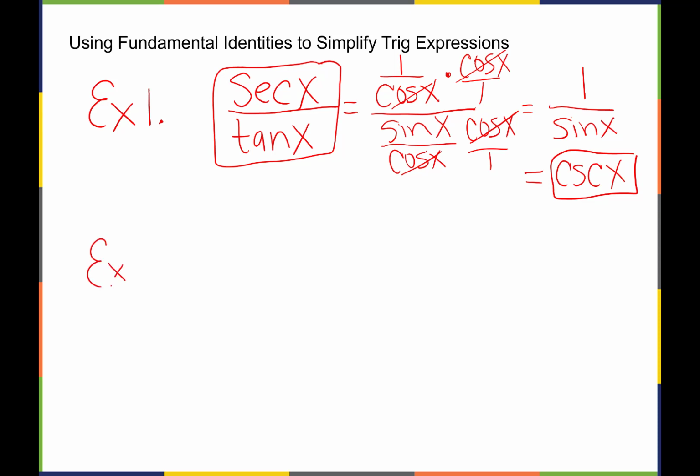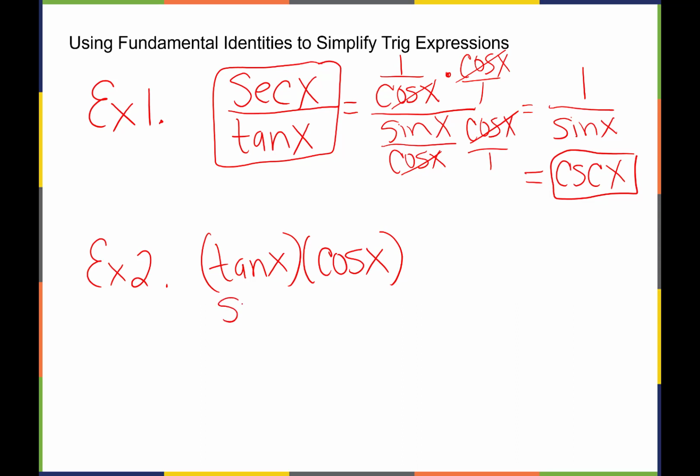In my second example, I'm going to show you how to simplify tangent of angle x multiplied by cosine of angle x. I want to write everything out in terms of sine and cosine.